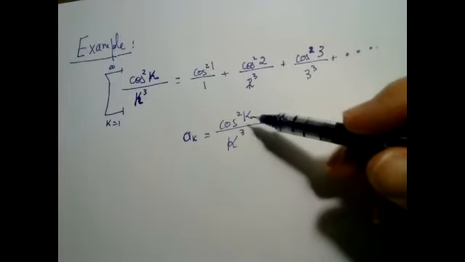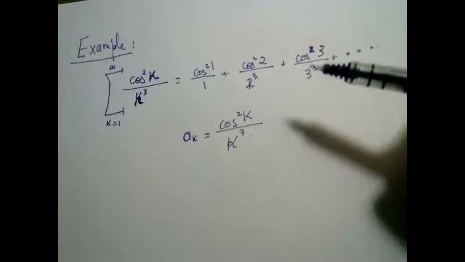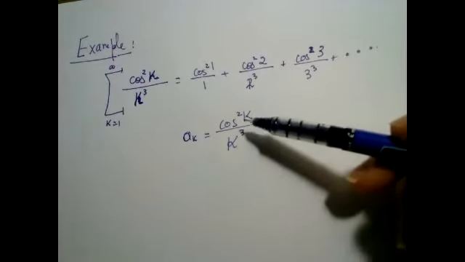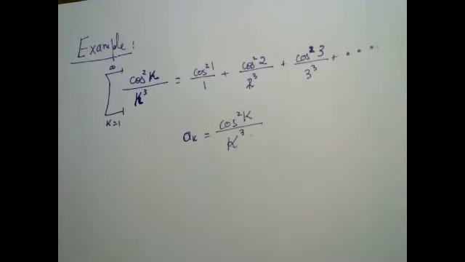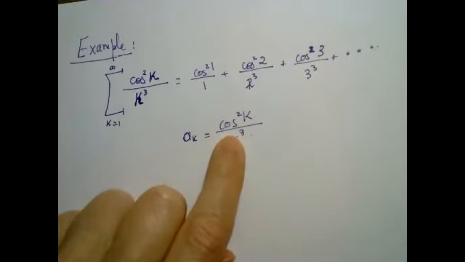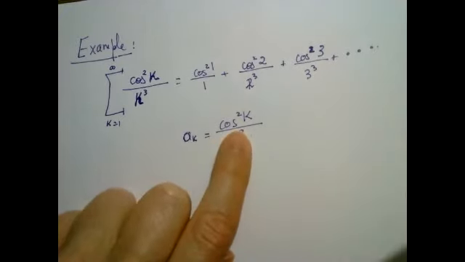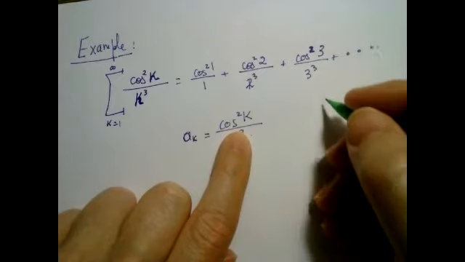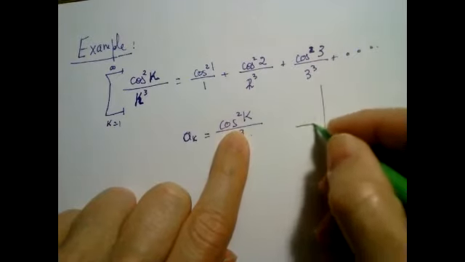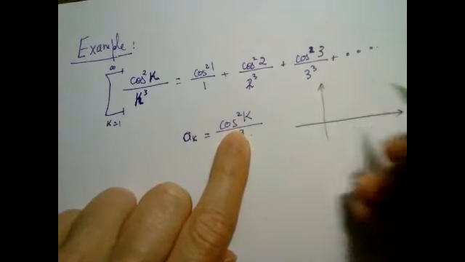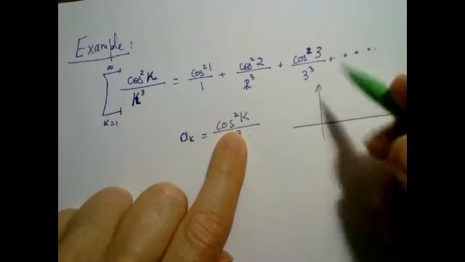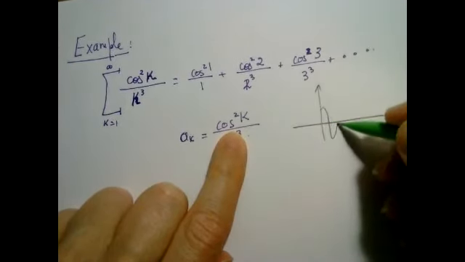There is nothing to compare it with. When k is large, this is k cubed, fine. But what happens to cosine squared k when k is large? The cosine by itself, without the square, goes up and down.